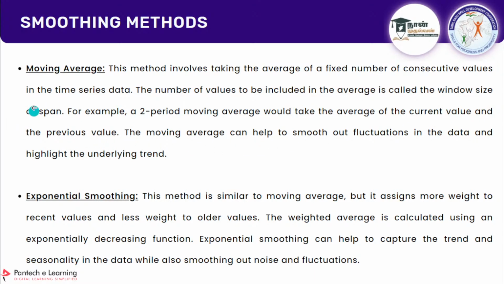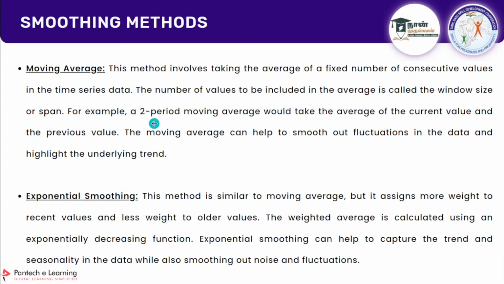As I told you earlier, for example, you are having 10 values. The first value will obviously be 0, because you cannot take the previous value for the first value. The second value will be the second value plus the first value divided by 2 if the window size is 2.